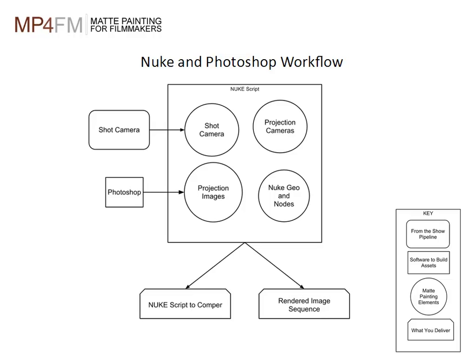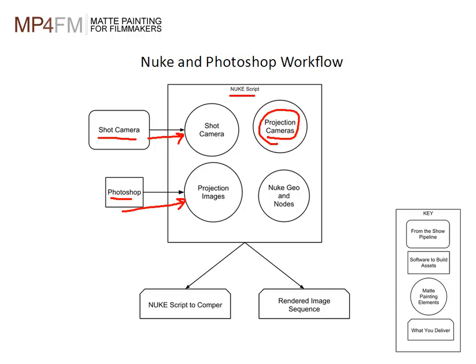Nuke has the ability to model and deform primitive shapes, but if there's a need for more complex projection geometry, then you'll need to create those in a 3D package. Very simply, you can see the two software packages that are being used, Photoshop and Nuke. And very simply, the shot camera goes into Nuke, and projection cameras are created right in Nuke.